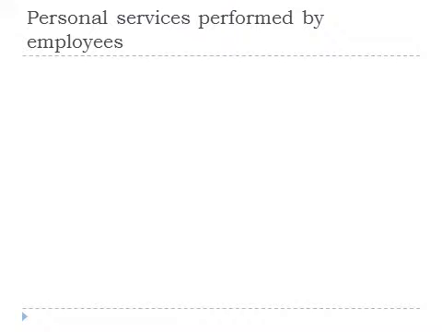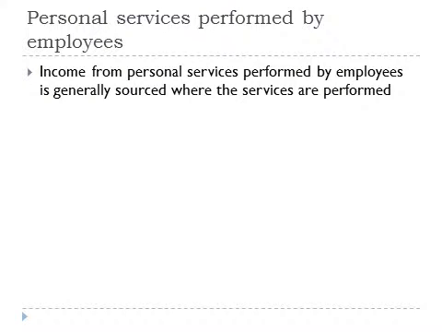Let us turn to the sourcing rules that apply for services performed by employees. Income from personal services performed by employees is generally sourced where the services are performed. This is the same rule as that which applies to companies and non-employees.